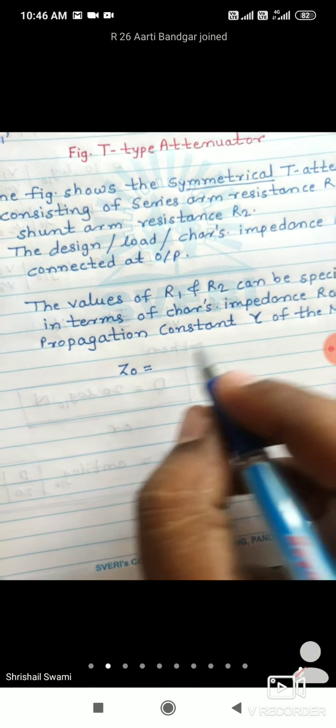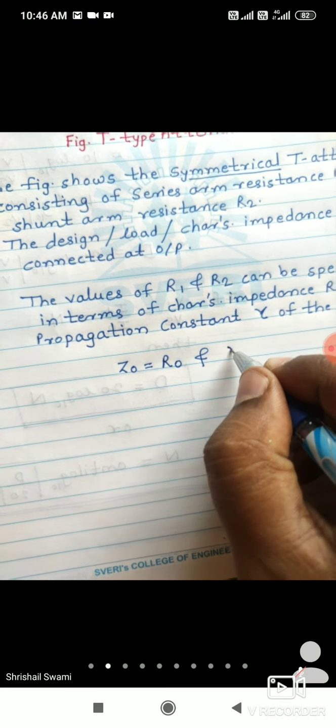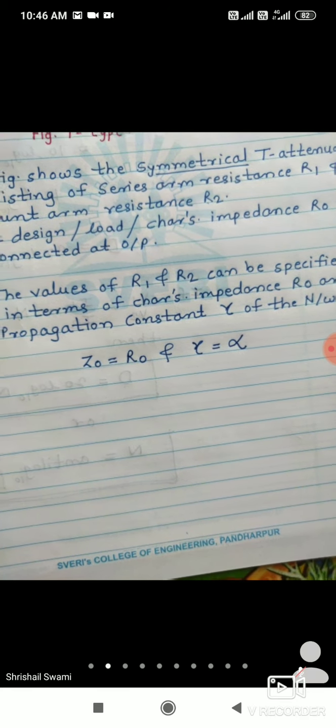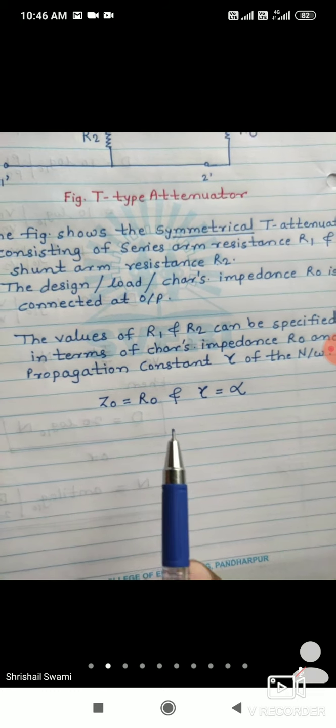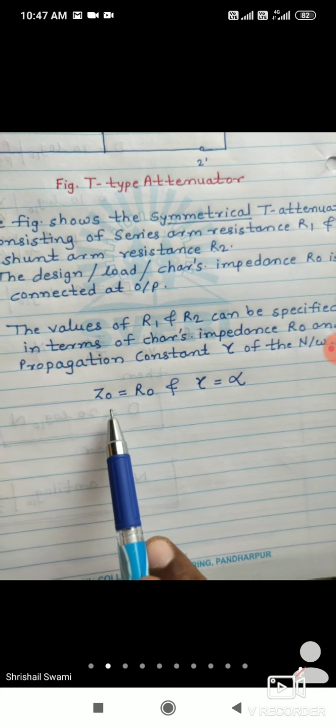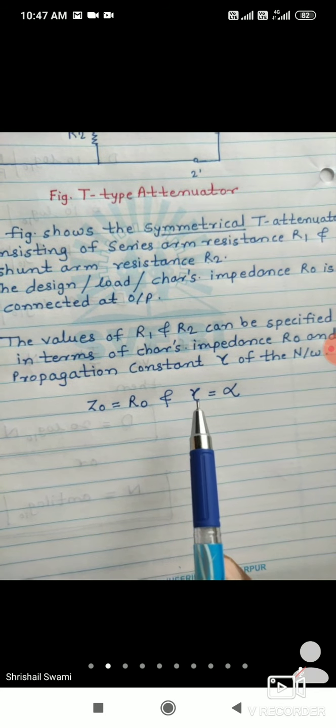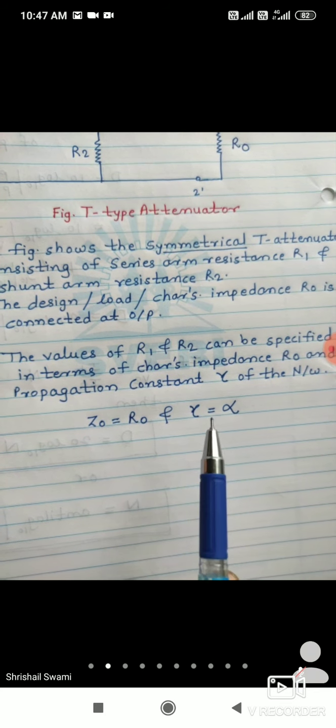So here Z0, that is characteristics impedance, is replaced by R0 and propagation constant gamma is in terms of attenuation, that is alpha. Understood? So this is actually general, that is Z0 is the characteristics impedance and gamma is the propagation constant, but here propagation constant is in a similar way.